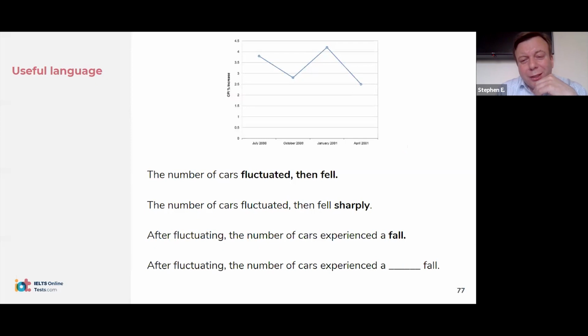After fluctuating, the number of cars experienced, I already did it, Lala. Yeah, my mouse is very sensitive on this computer. I couldn't see it behind the text box there. Sharp fall. Okay. Yeah, good. So again, a number of different ways just to show good variation in the way that you're reporting the information.